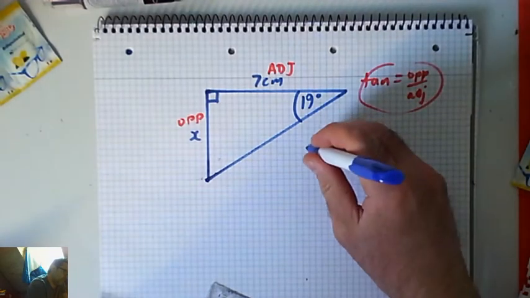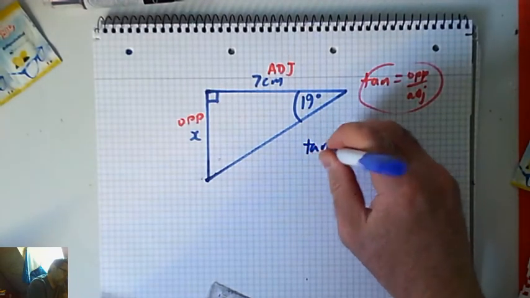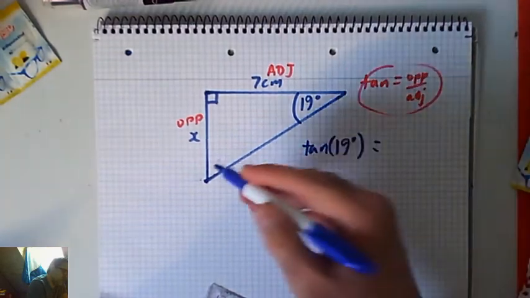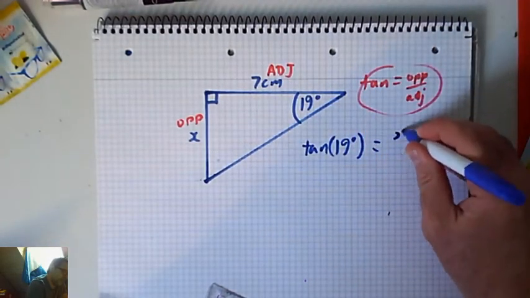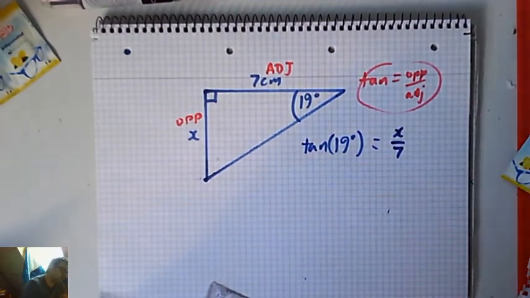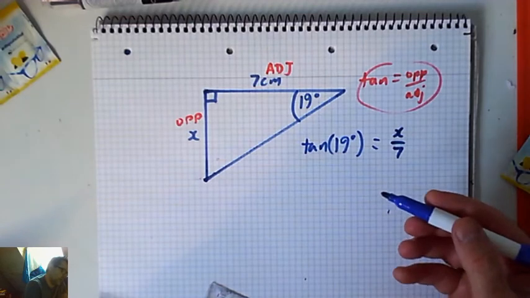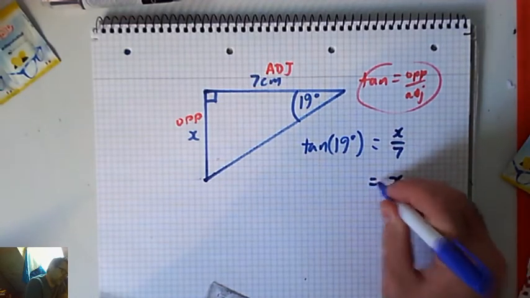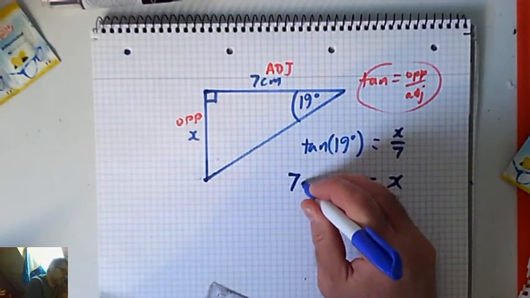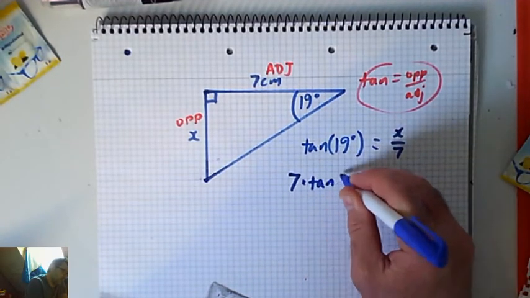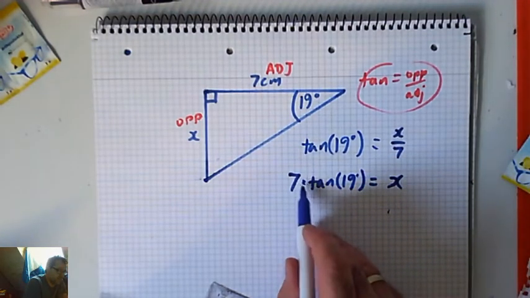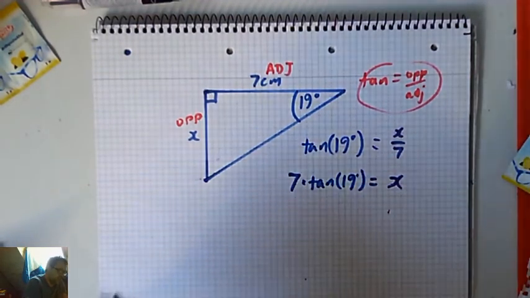So applying that to this particular triangle, we've got tan of 19 degrees equals opposite over adjacent, x over 7. Well, I'd like to know what a whole x is, so I'm going to multiply everything by 7 to get a whole x. So I've got to do the same thing on the other side, 7 times tan 19, or I can just write 7 tan 19 without any symbol in between.